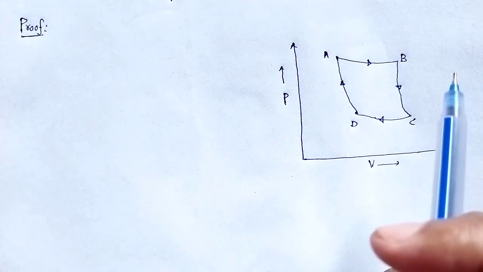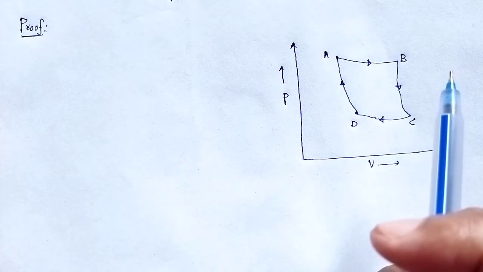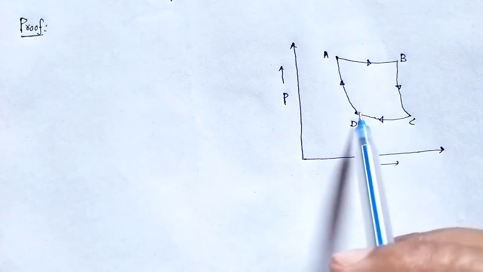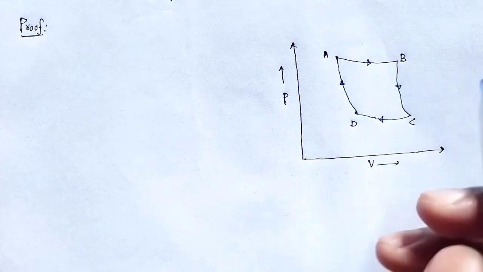In the isothermal processes, it has one isothermal compression and another isothermal expansion. In the adiabatic processes, it has one adiabatic expansion and another adiabatic compression. So, this is how Carnot's reversible cycle looks.